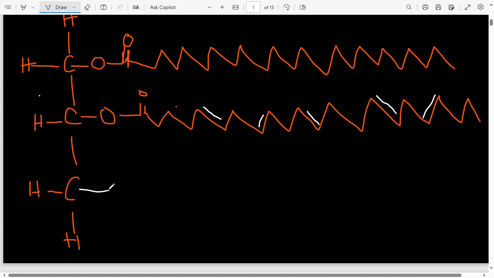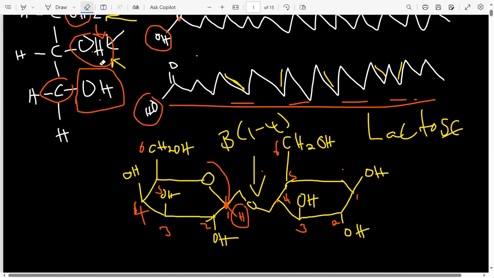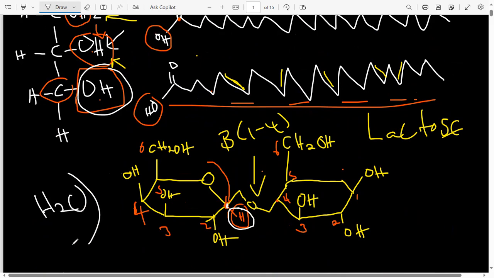And then this last one here is going to attach to the glycosidic bond. So remember what I explained here, okay? This OH here is going to react with the H at this anomeric carbon. So this OH and this H will form water, and this water will go away, okay?